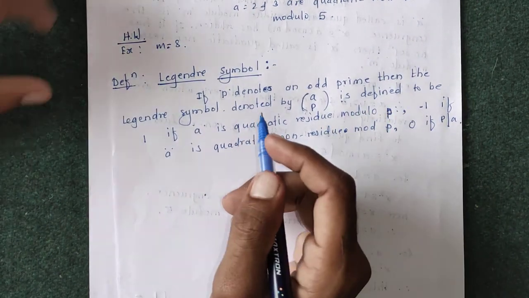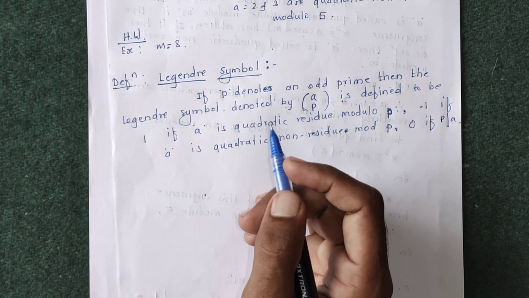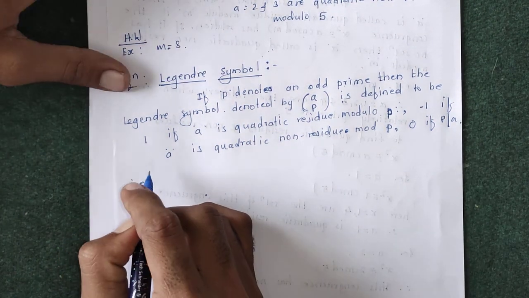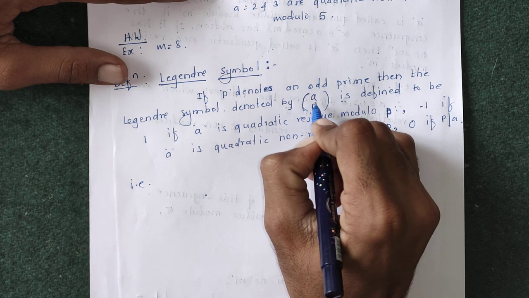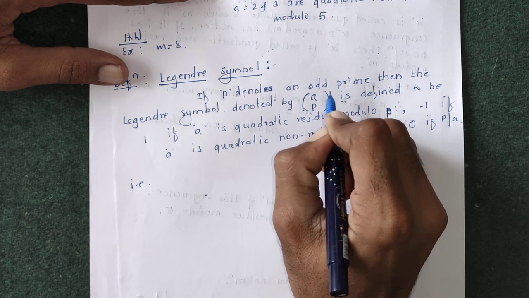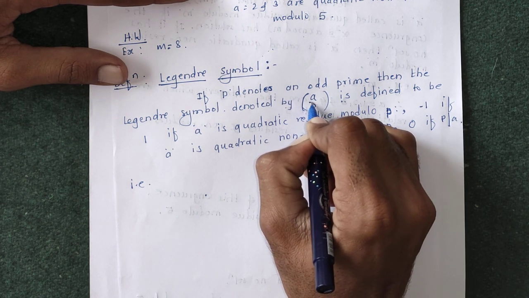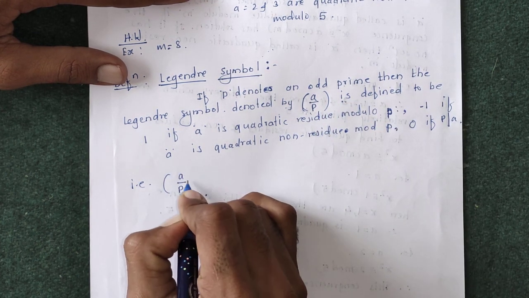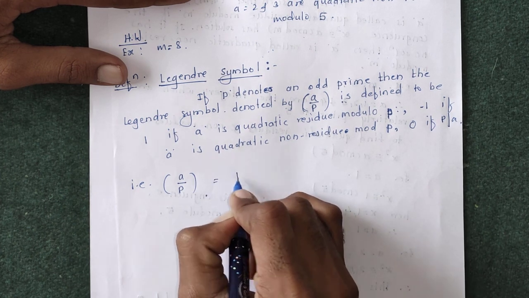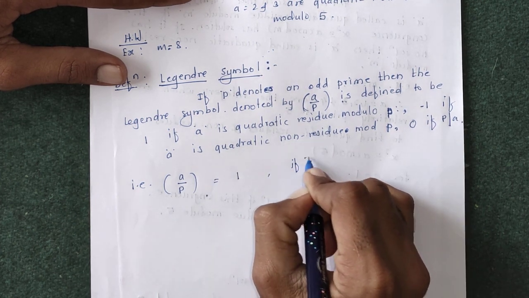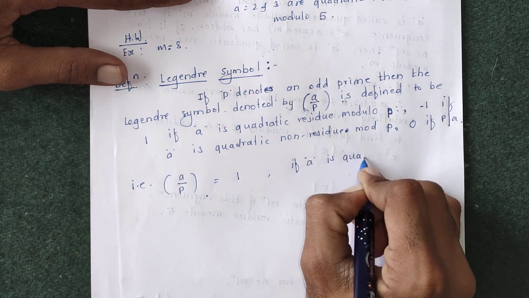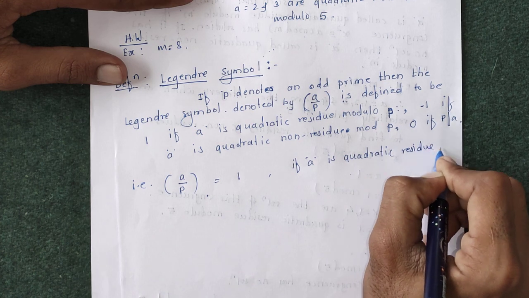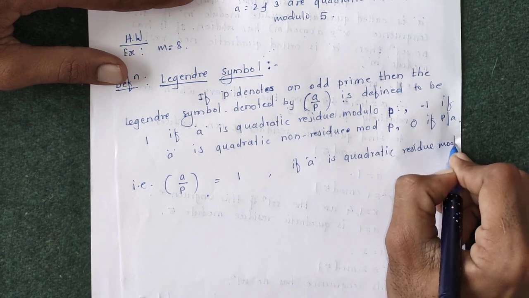So we can write this definition as follows. Just to make one correction in this symbol, the Legendre symbol of a and p, I think this notation is a by p, is defined to be 1 if a is a quadratic residue under modulo p.